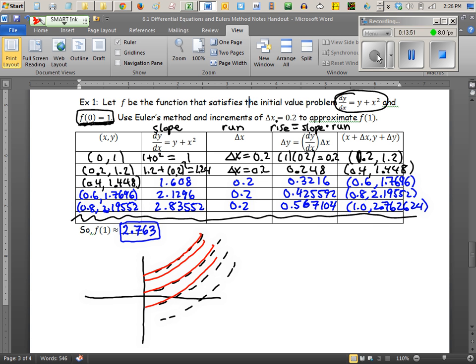But according to the initial condition, we're not interested in all of them. We're only interested in one particular solution, and that is the solution that passes through the point 0, 1. So that narrows it down from an infinite family of curves to just this particular blue one right here.